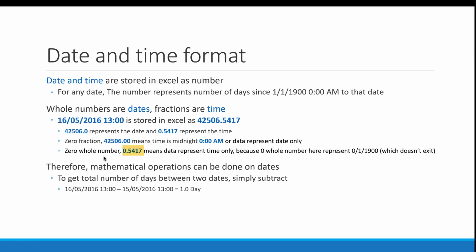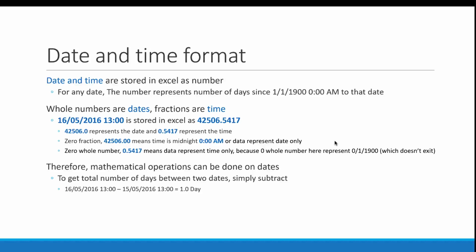And if you have the whole number as 0, this means that what you're actually referring to here is only time, and you're not associating a date with it. Even if you transform it to a date, you will get January 0, which doesn't exist, of course.